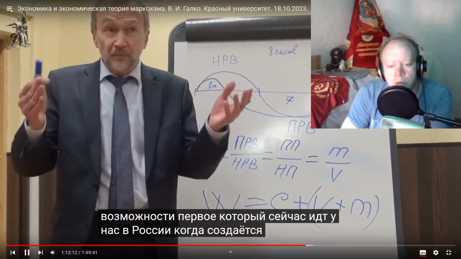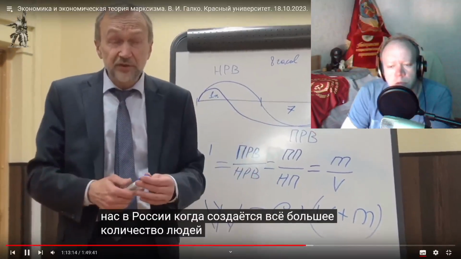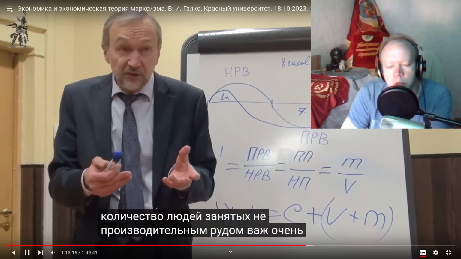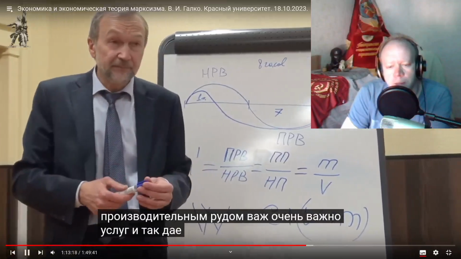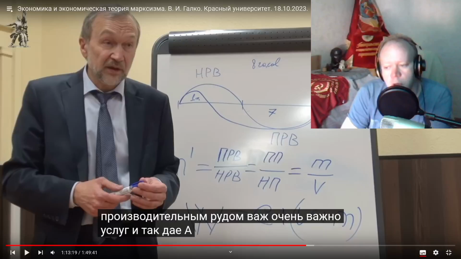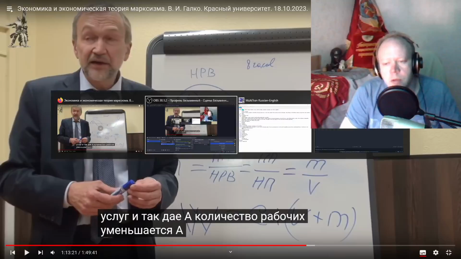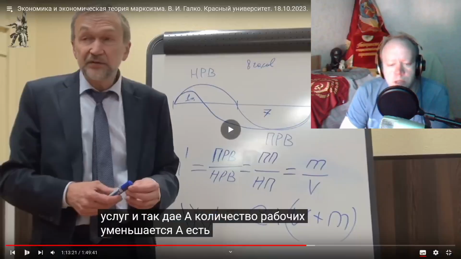First one, that is in Russia today, more and more people are created who aren't employed in productive labor. But they create services and so on. But the number of workers decreases.